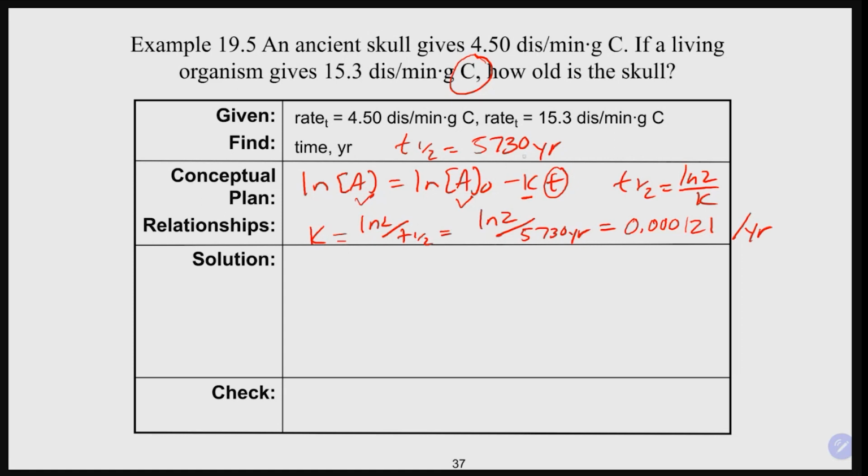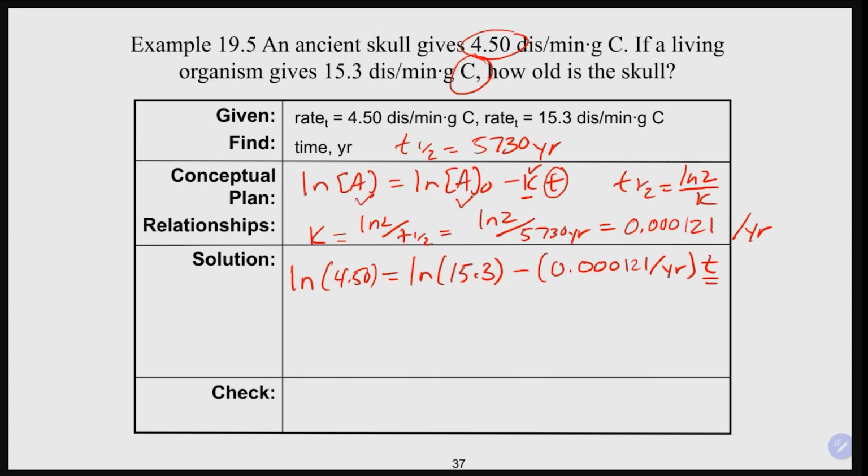Now that we have that, we have everything we are looking for except for time, which is what we're trying to find out, which is how old this is. So the natural log of our final amount, the smaller disintegration rate, 4.5, equals the natural log of 15.3, which is our initial, minus our K of 0.000121 reciprocal years times time.